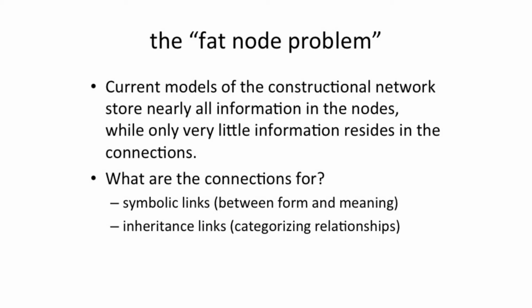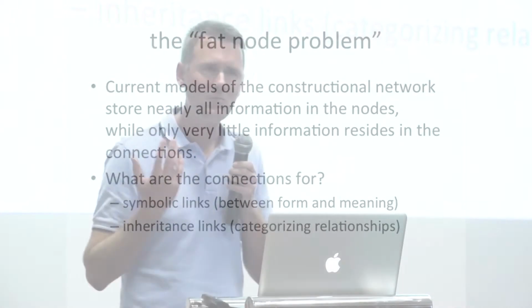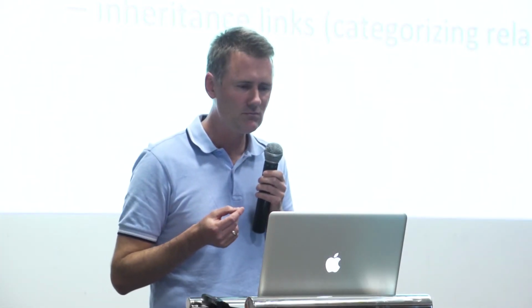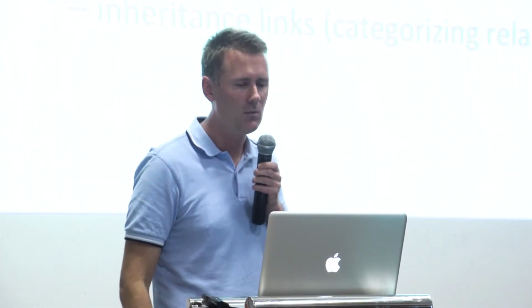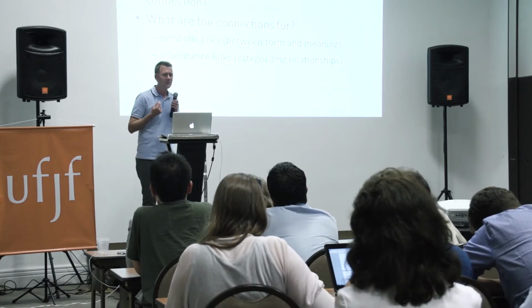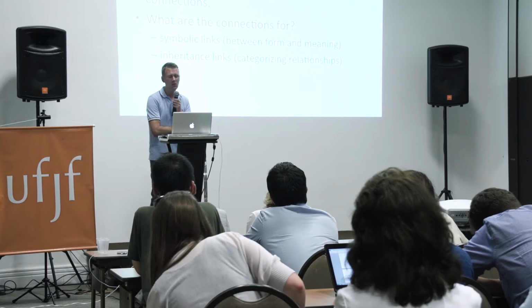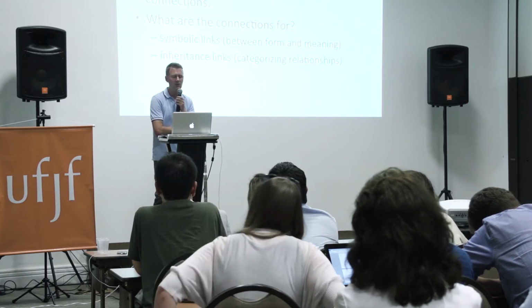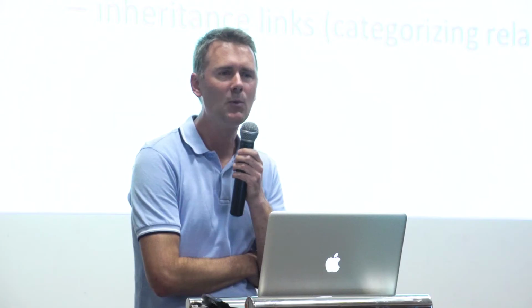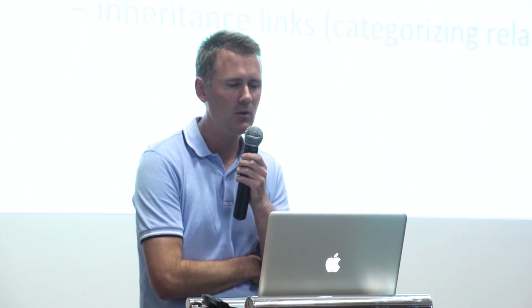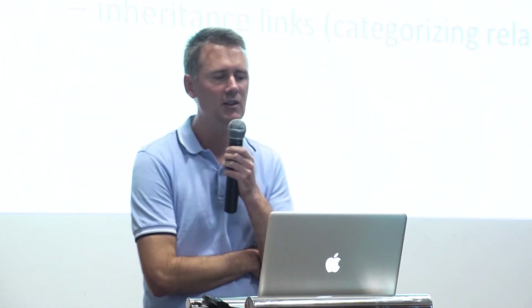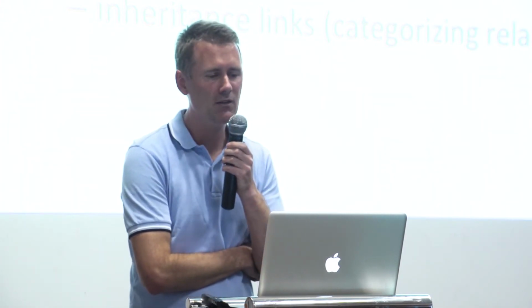Current models of construction grammar, and this holds, I think, for pretty much all of them, store nearly all the information, all the linguistic knowledge, in the nodes. That's where the fat nodes come from. And only very little information in the connections between the nodes.